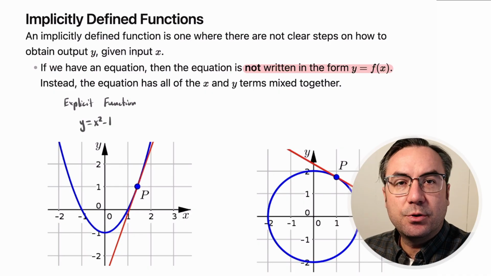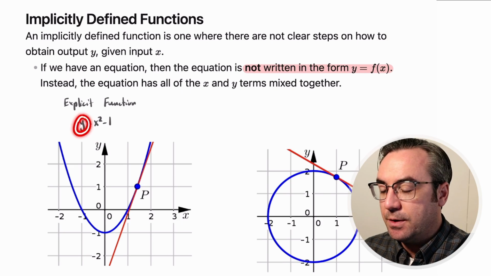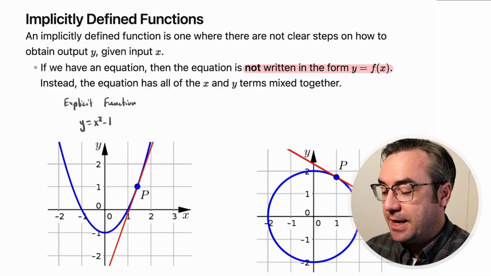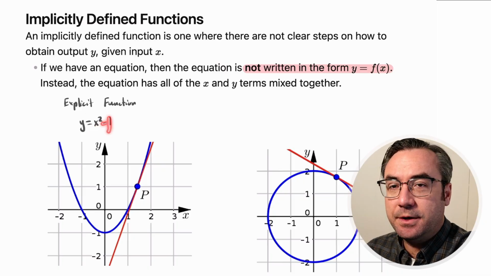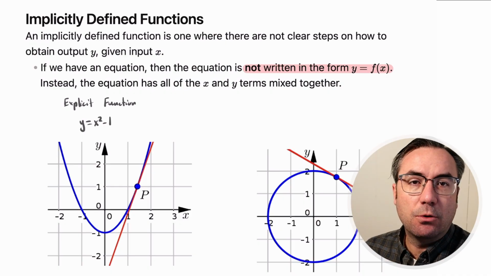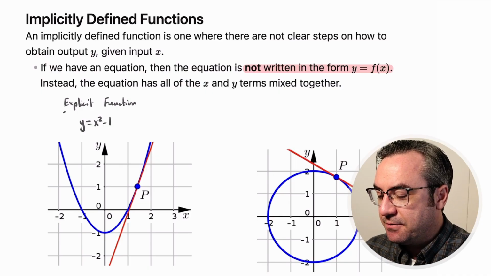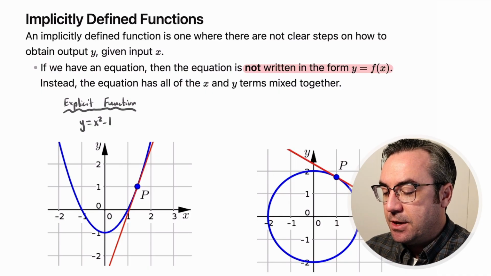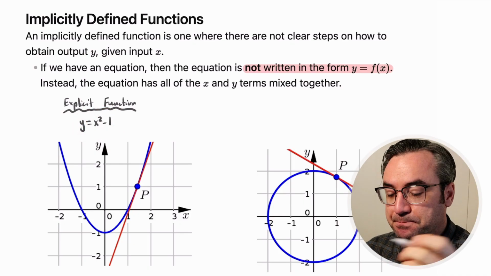When we take input x, there's a clear set of steps I can follow: I square my x term, then subtract 1, and bingo, I have my output y.